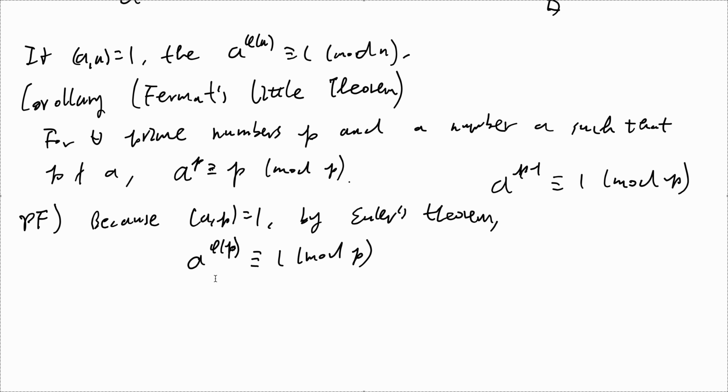It's just simply p minus 1, because literally every number that is smaller than p will be relatively prime to p.